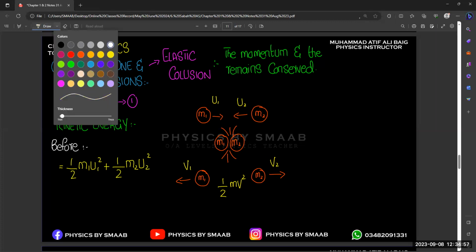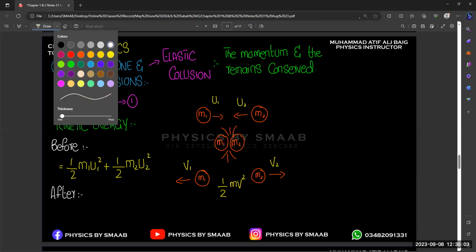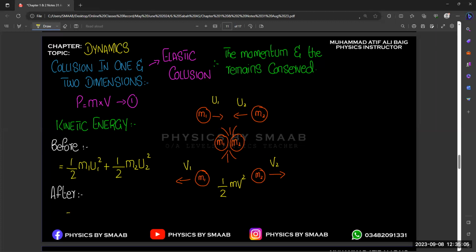And same goes with the after collision formula. After collision we just write the same formula, half m1 v1 square plus half m2 v2 square.